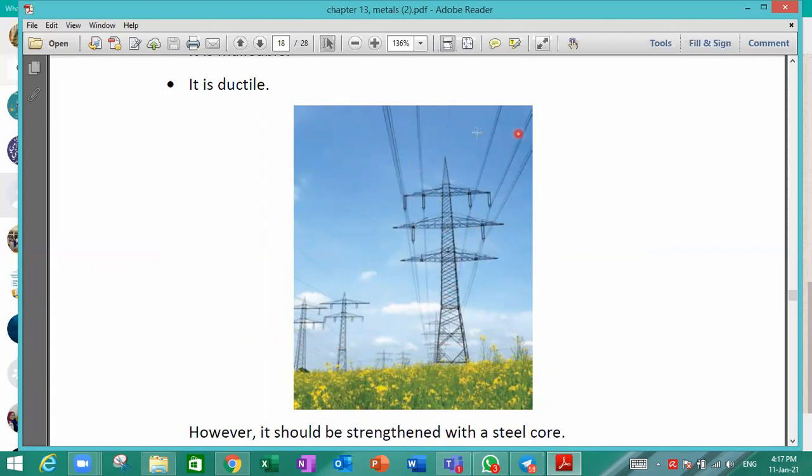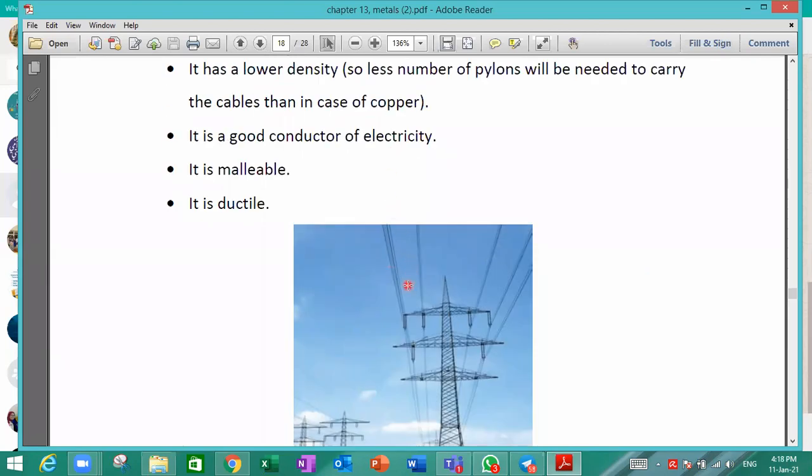These wires are made of aluminium, because aluminium is less dense than copper. We usually use copper wires to conduct electricity, especially in homes or workplaces, but in streets we use aluminium wires instead of copper, because it's less dense.